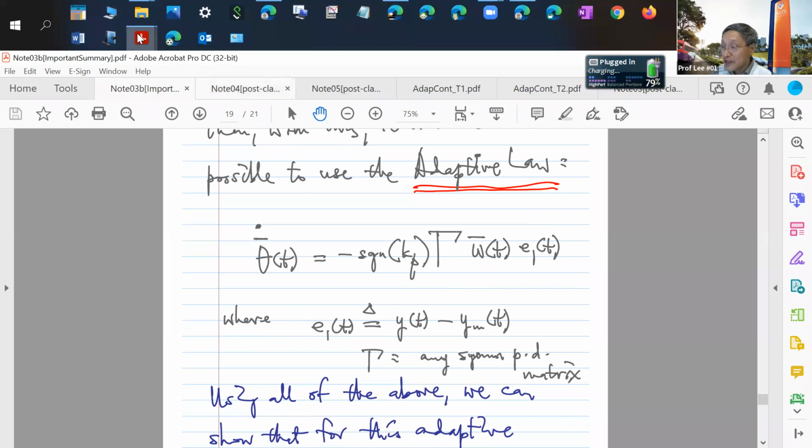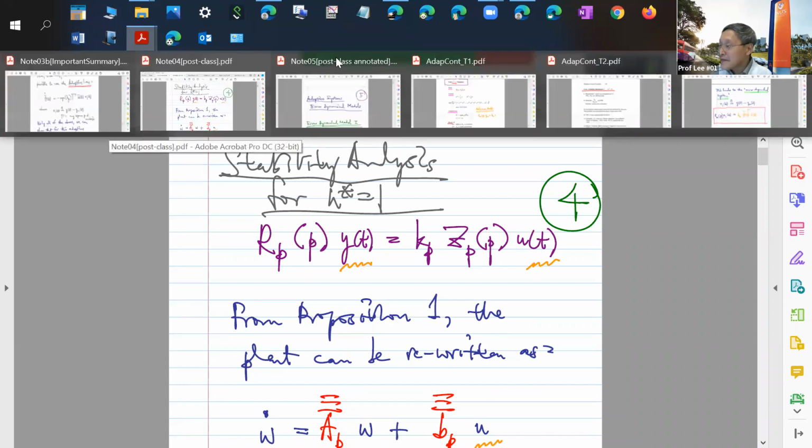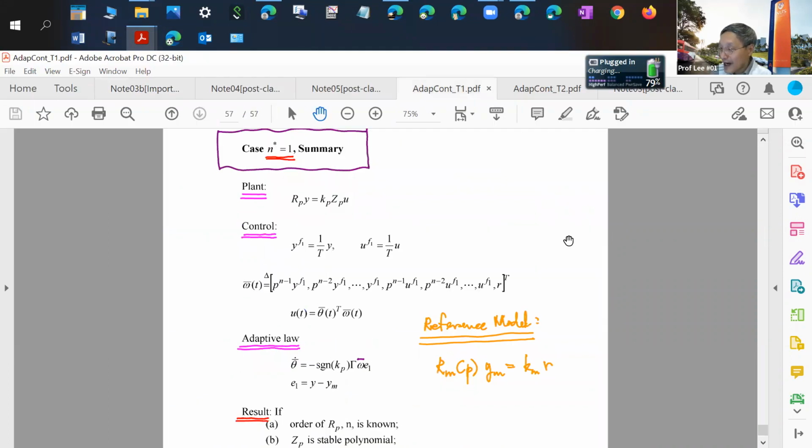Remember what we said last week was, now show that the result is exactly according to what was claimed, and it was also completely summarized, you recall, at the end of the first set of notes on the system. You set up this n set of signals passed through 1 over T, n set of signals passed through 1 over T, and then with the R, this is what it is.